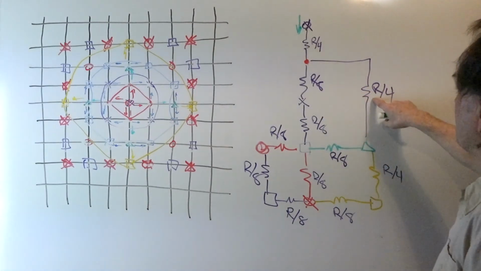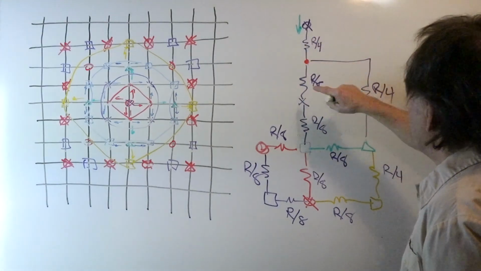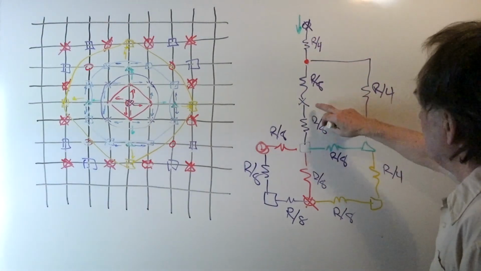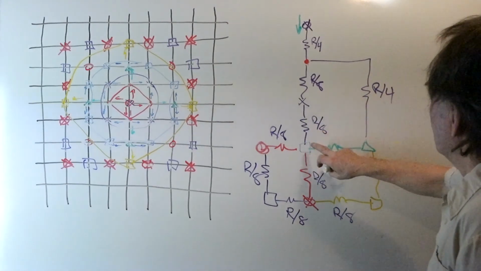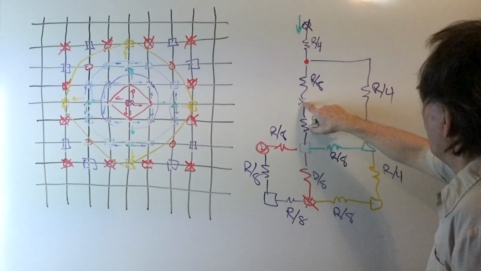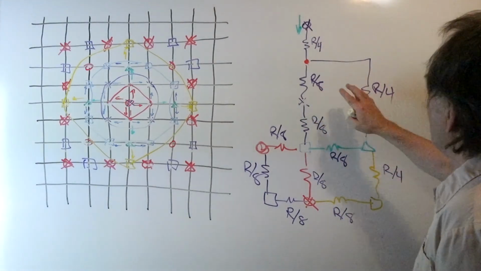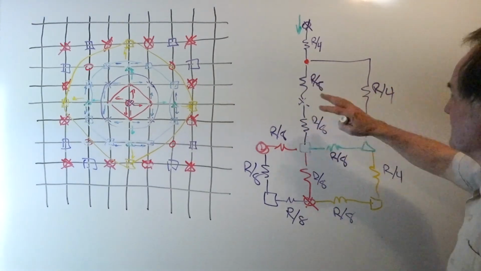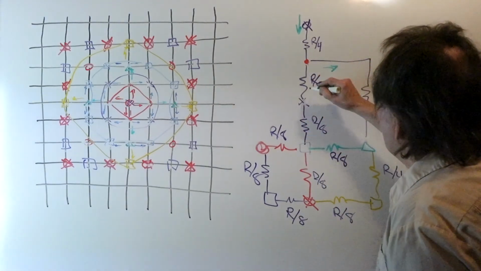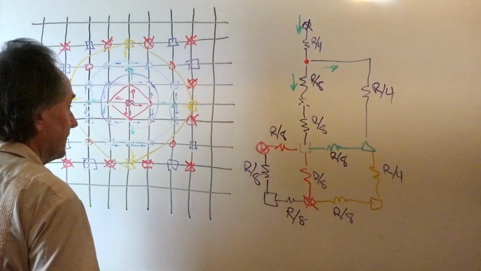We'd have 2/3 of the current going in here and 1/3 of the current going here, but we don't know that because we also have this resistance, so we don't know what the potential here is in relationship to this potential. So we do not have symmetry. You can see that this current and this current are not going to be the same. They're not going to split equally.